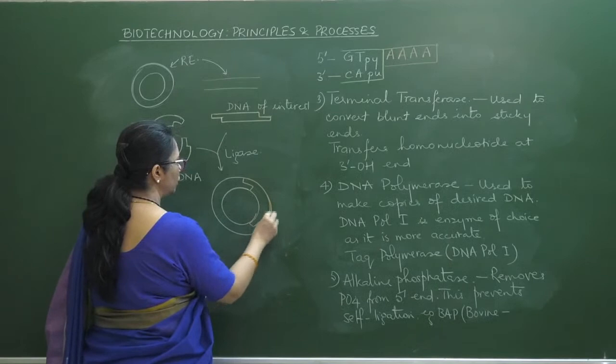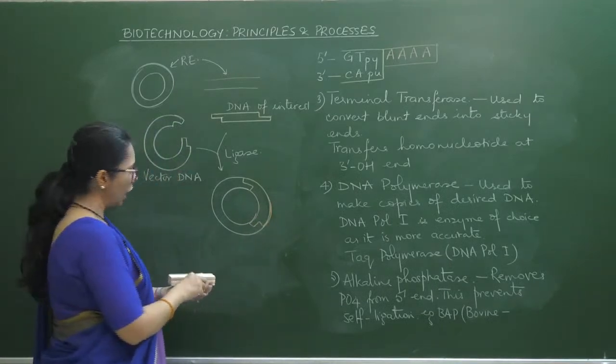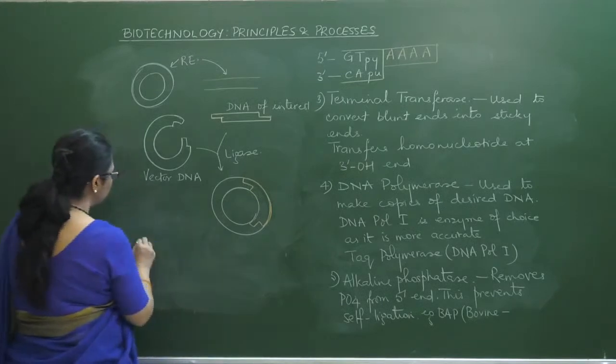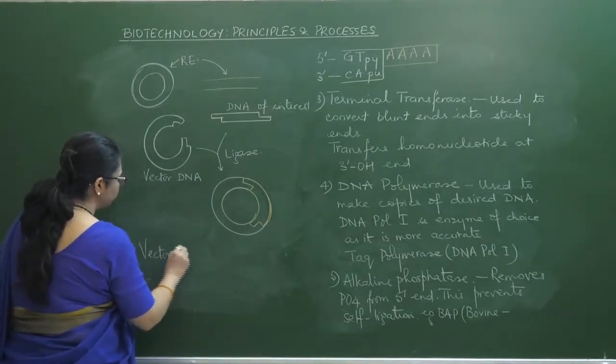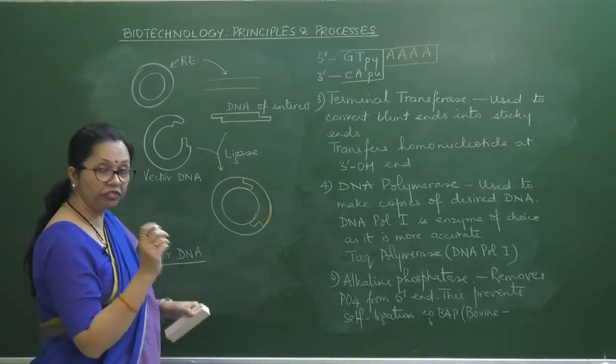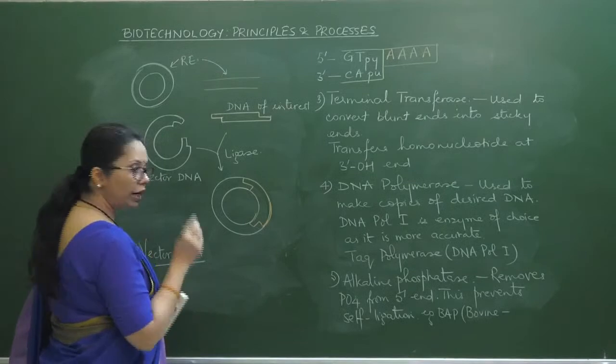Once it attaches here, this is recombinant DNA. Okay, so starting with this vector DNA, I am not using the word cloning vector as yet, I'll tell you, because even that has been a question. We'll come to that although.